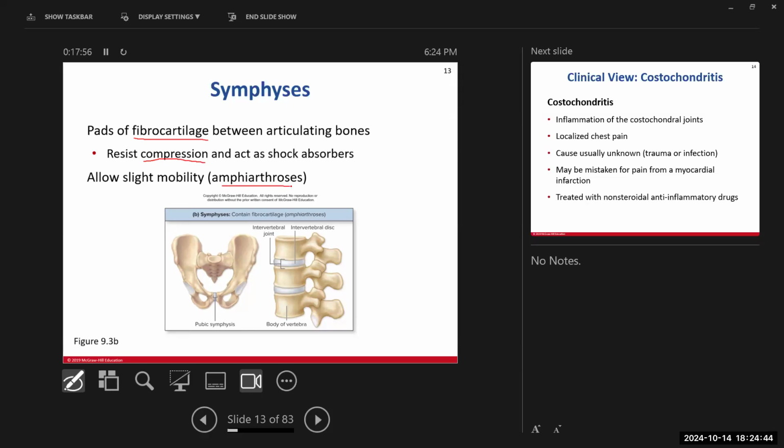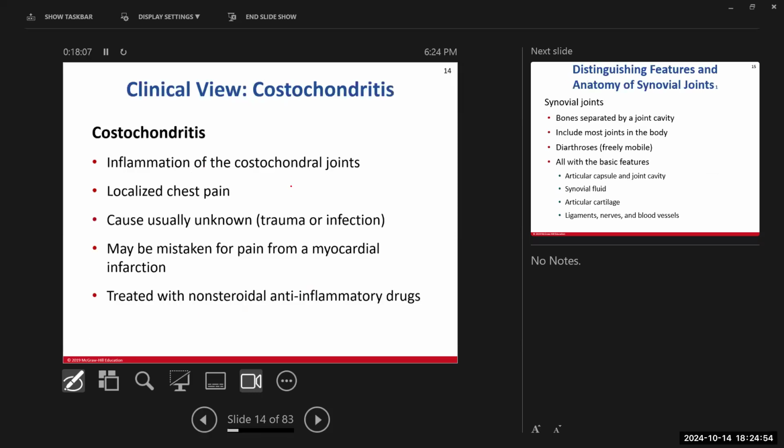So since we're discussing the cartilaginous joints, but specifically the costal cartilage joints, the joints between the ribs, has anyone ever heard of costochondritis? Costochondritis is usually seen in older patients. So you'll get an older patient that comes in, or a person that will come in, and they'll complain of chest pain.